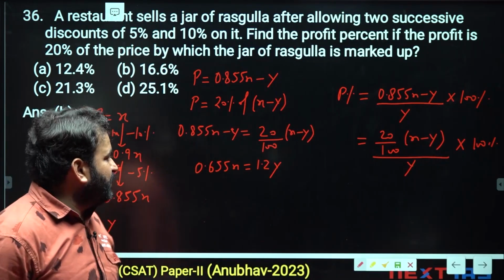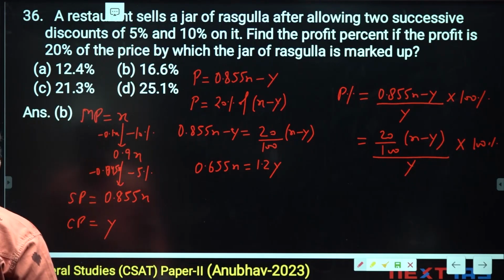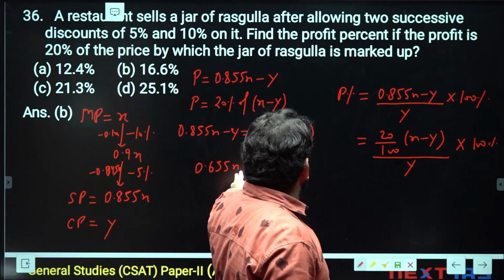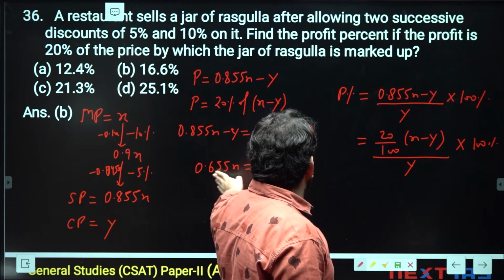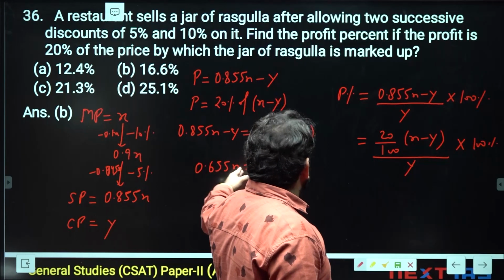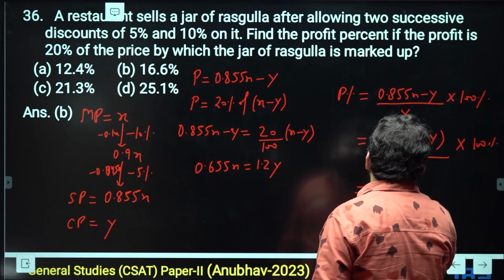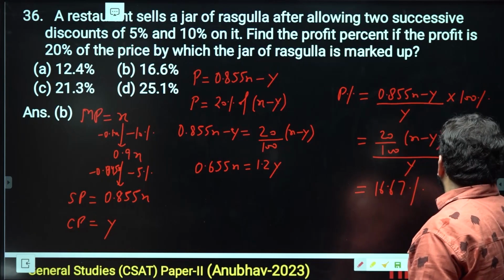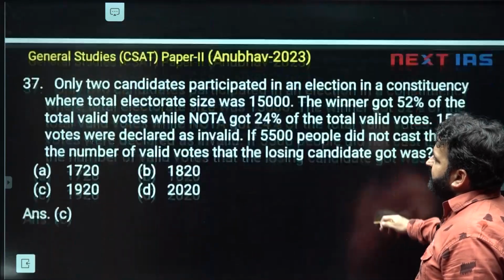So 20/100 into x minus y, you solve it. Now see, in this, at the place of 1x you replace it with 1.2y upon 0.655. So after solving it you get 16.67%.